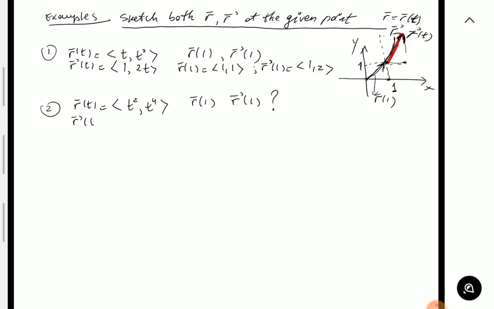All right, so the derivative would be, in this case, 2t and 4t cubed. And r of 1 again is 1, 1. And r prime of 1 is equal to 2, 4. And notice that, because I chose this example for a purpose here, notice that 2, 4 is actually a multiple of the previous one.